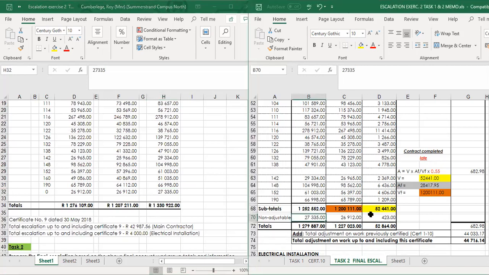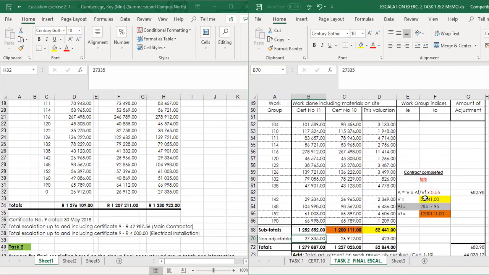All right. So we've determined the AF. Let's look at the VF. And I've said the VF in this case is the amount subject to escalation at practical completion. So if we look at certificate number 10, which was done at practical completion, your VF value was the 1.2 million, which was subject to escalation.